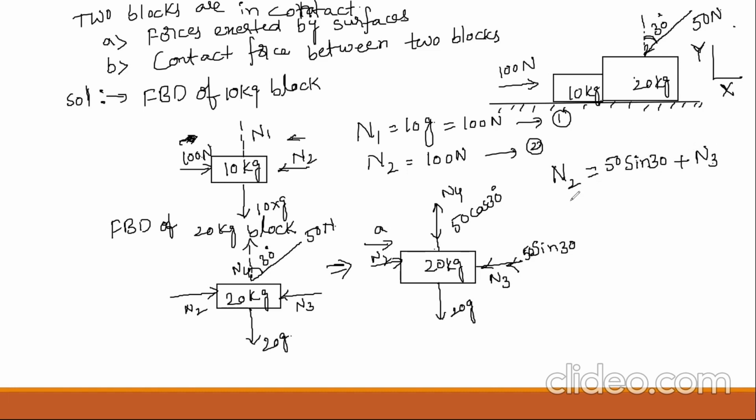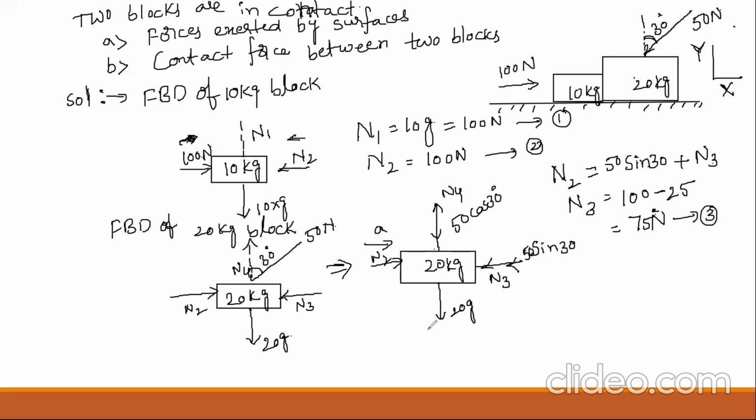Now, what about N3? Here 100 minus 25. How much are you getting? That is 75 newtons, okay? You take this as equation 3.